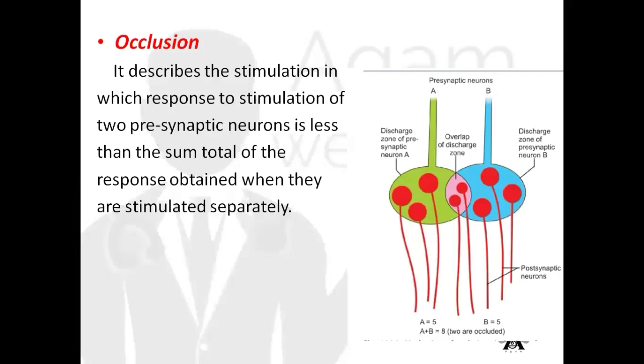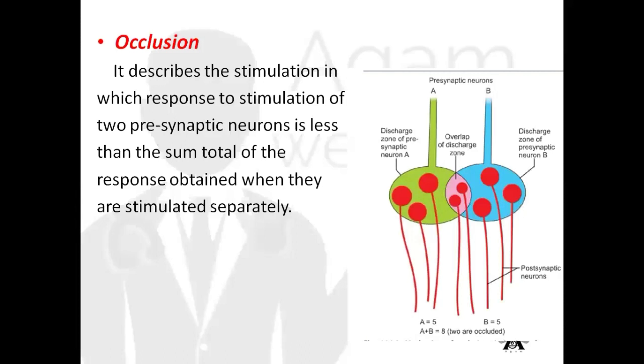8 postsynaptic neurons are fired because there are 2 neurons which have a common discharge zone. They are fired in the presence of A or in the presence of B. There is overlap of discharge zone for these 2 neurons. This phenomenon is called occlusion. That is, it describes the stimulation in which the response to stimulation of 2 presynaptic neurons is less.